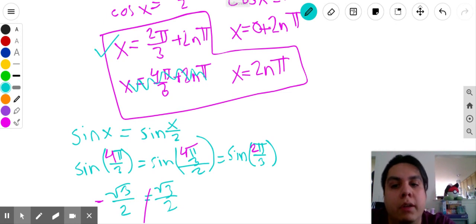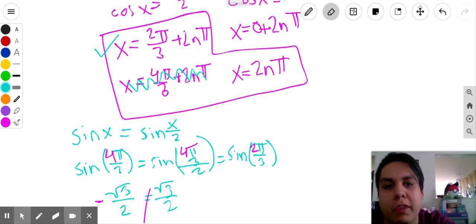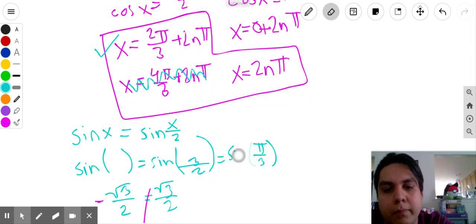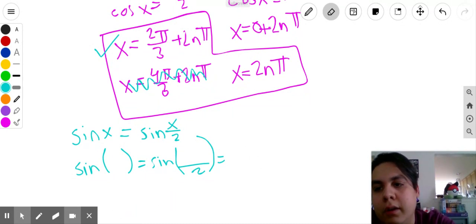You got to check. And then we have 0 plus 2n pi. So let's just test out 0, because if it works for 0, it should work for everything. And hopefully you find my argument for this really nice and easy. So when you plug a 0 in for x, sine of 0 is 0.